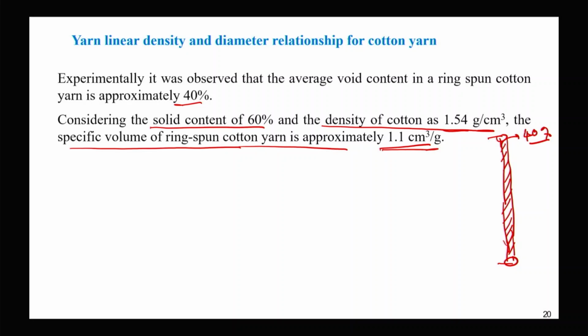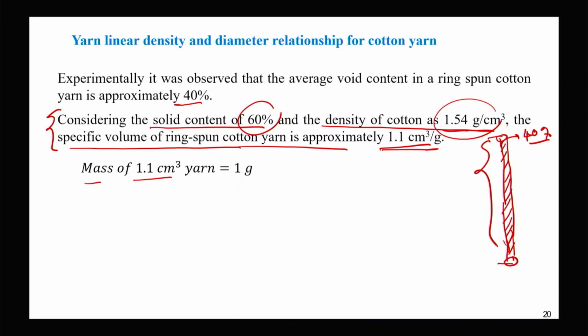It is a simple relationship; 1.1 comes from the 60% solid content. So the mass of 1.1 cubic centimeter of yarn will be 1 gram.